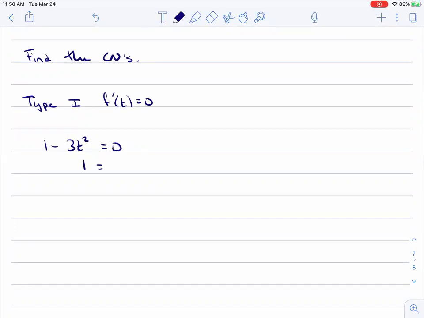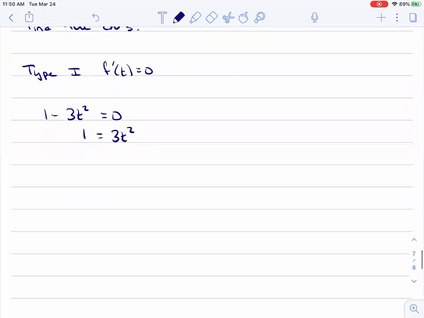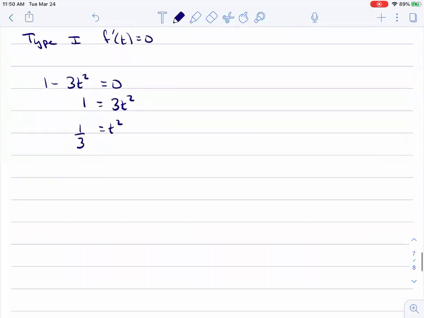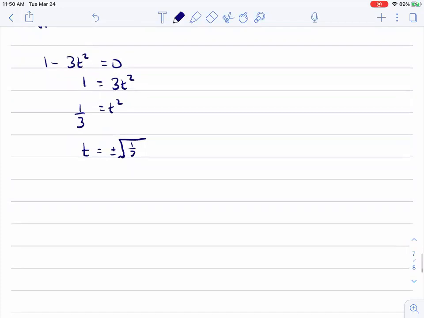So 1 is 3t squared, 1 over 3 is t squared, and so t must be plus or minus root of 1 over 3. So t is either negative root 1 over 3, or positive root 1 over 3.